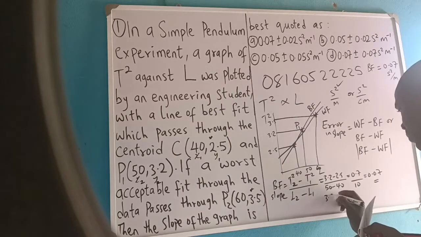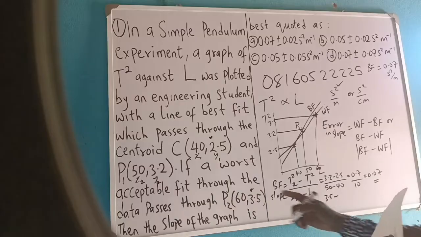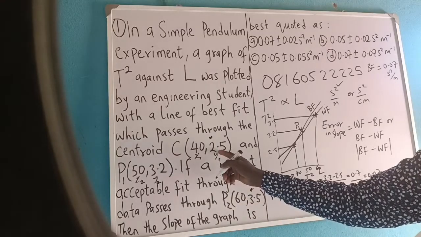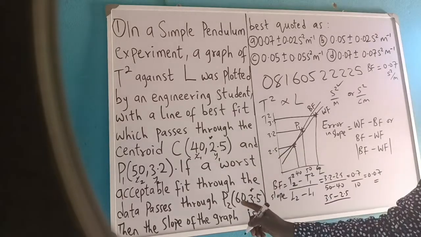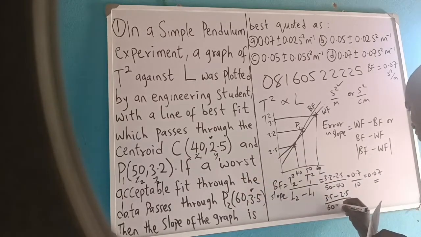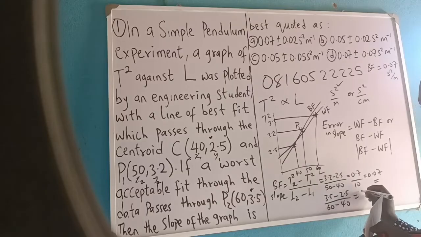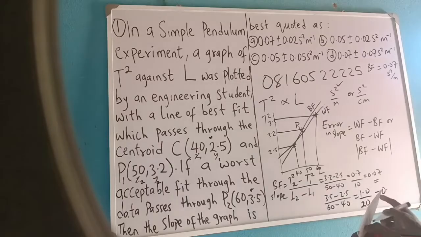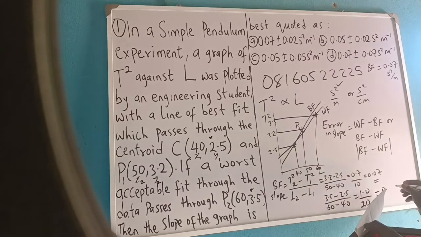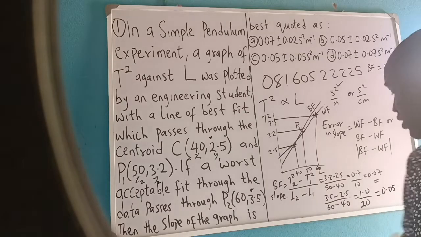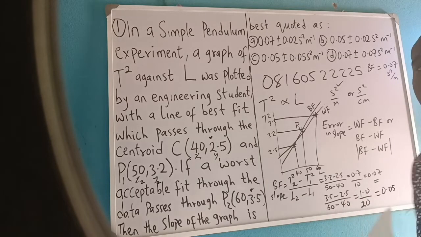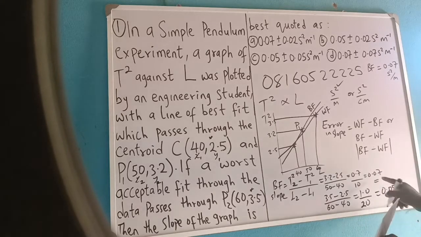I'll be writing 3.5 minus the t squared 1, which is 2.5, all over 60 minus 40. That will be giving you 1.0 all over 20, and that will be giving you 0.05. 60 minus 40 is 20, please, not 10. It's a slip of tongue. And so we have gotten this.